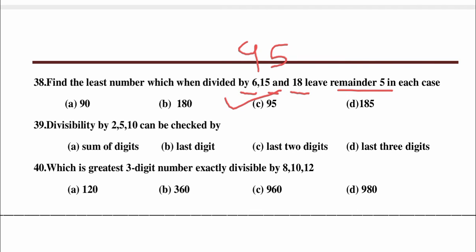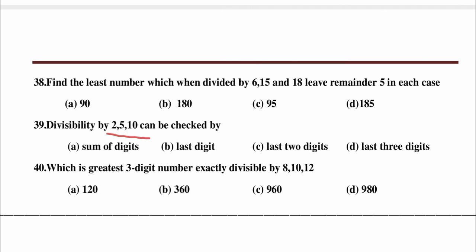Question number 39. Divisibility by 2, 5, 10 can be checked by sum of digits, last digit, last 2 digits, or last 3 digits. If I want to check divisibility by 2, the last digit should be an even number like 0, 2, 4, 6 or 8.